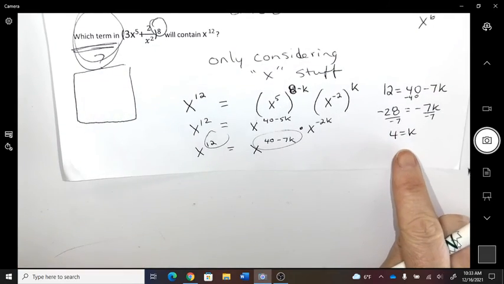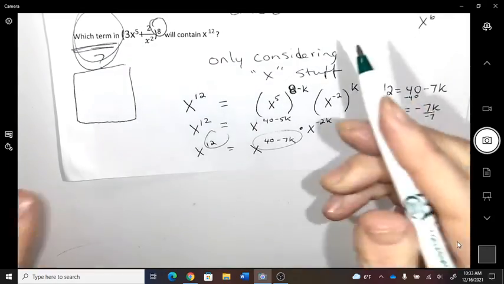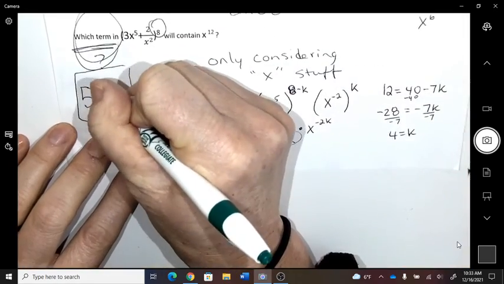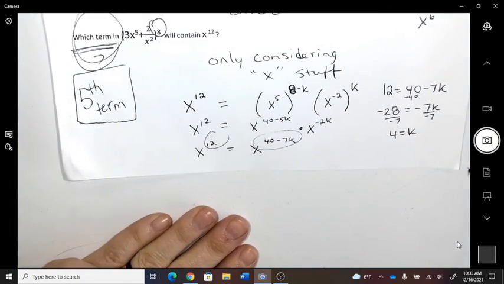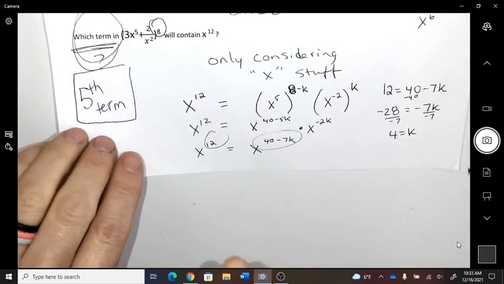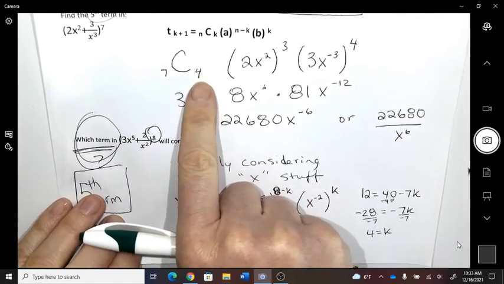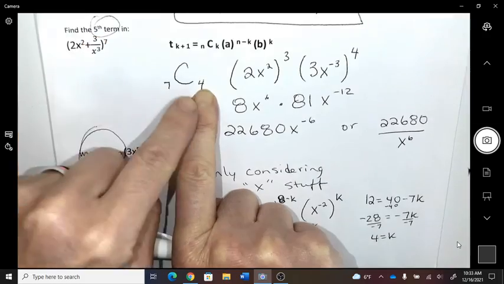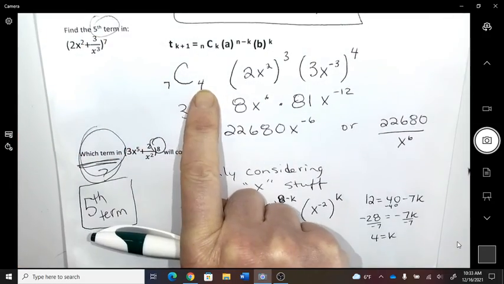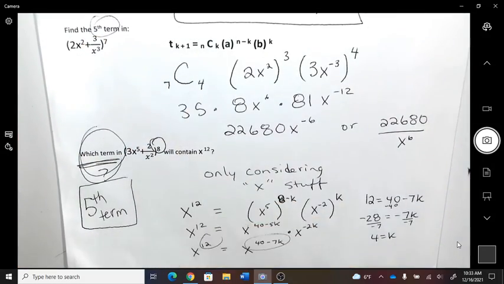So if k is 4, what was the term? It was the 5th term. Okay? Because whatever this value is always 1 lower than the term. That whole starting at 0 just messes up all those numbers.